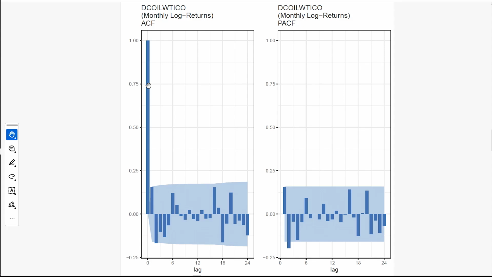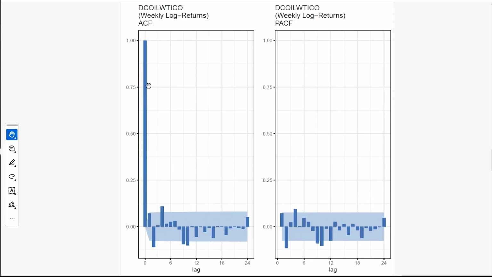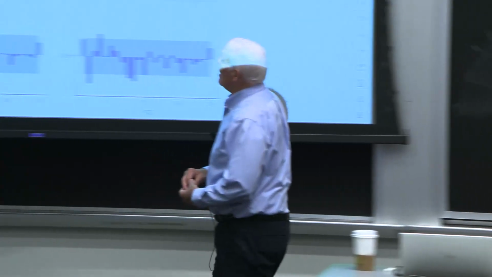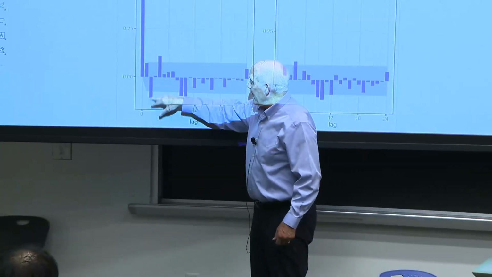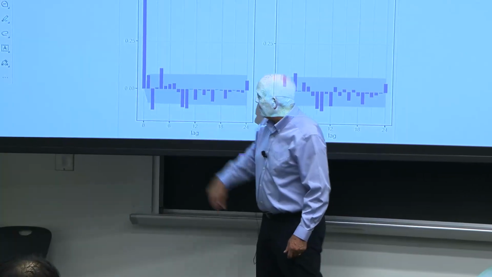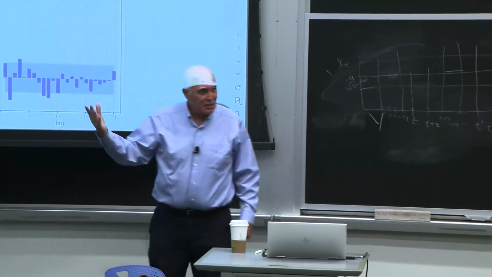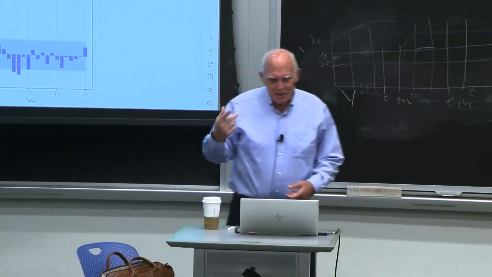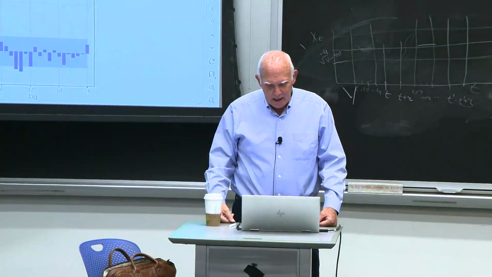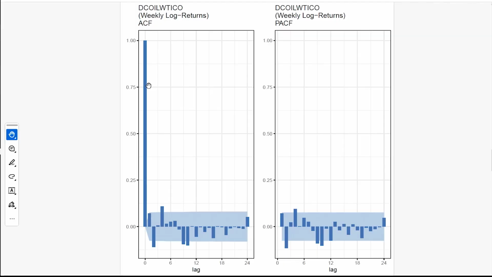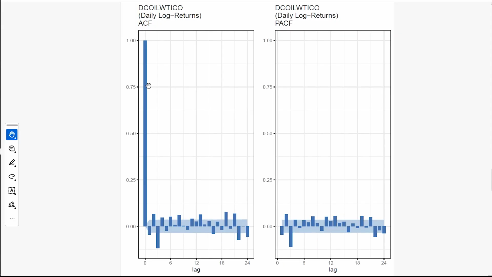Here's the crude oil future. You can see that with the crude oil future, on a weekly basis, we have a negative autocorrelation at 2 weeks, and then a positive autocorrelation at 3 weeks. So there are some interesting patterns that perhaps can be exploited. And here's daily.